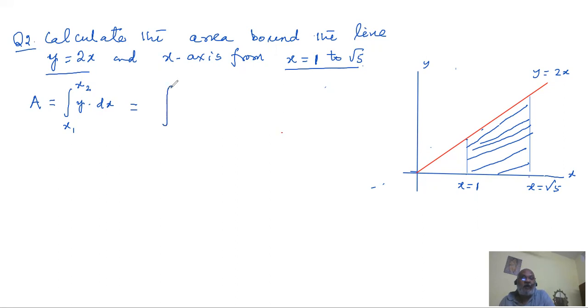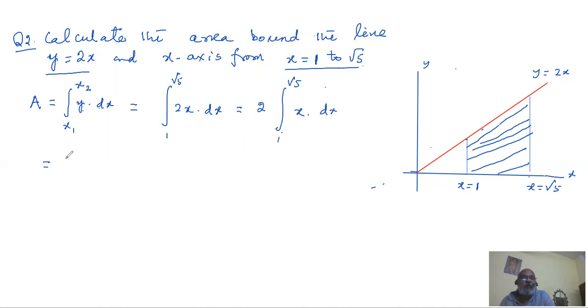The integration limits are x1 equal to 1, x2 equal to root 5. We know y equal to 2x, so the integral of 2x dx. Here 2 is a constant that stays within the integration. You can take 2 out. That liberty you have always. So 2 into the integral of x dx from 1 to root 5. Integration of x dx, we have discussed it.